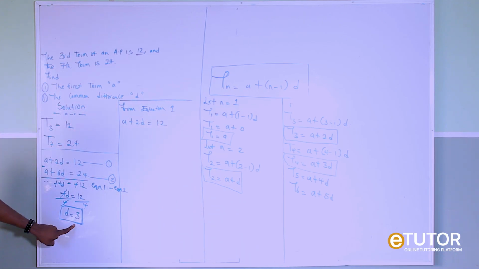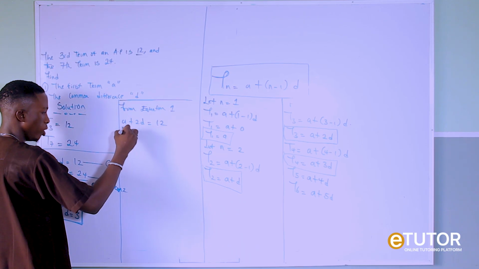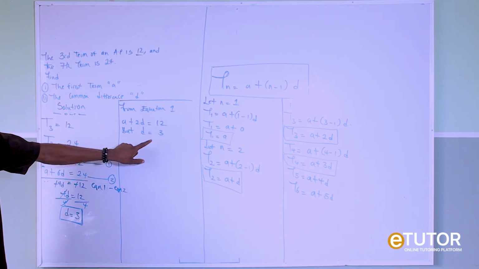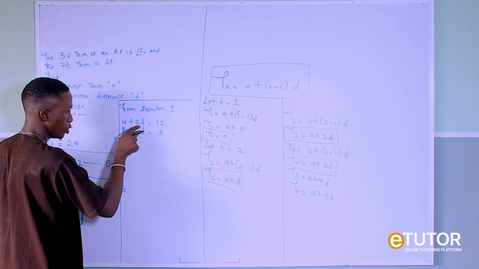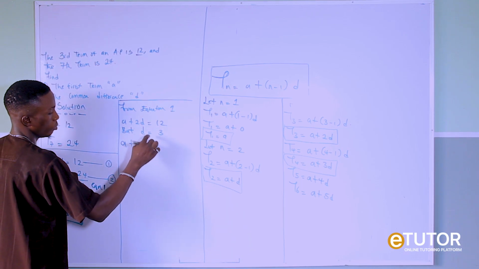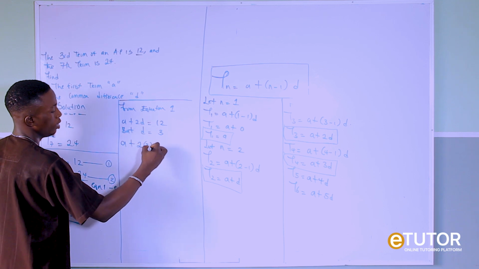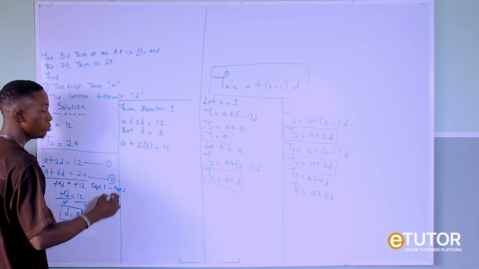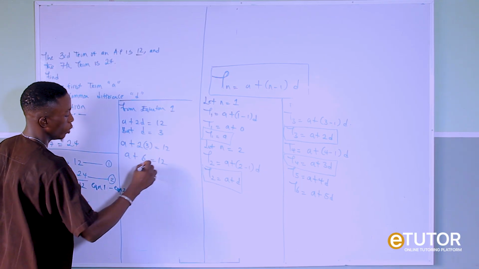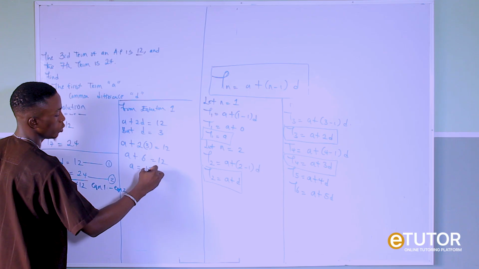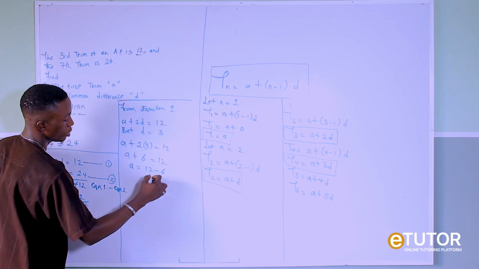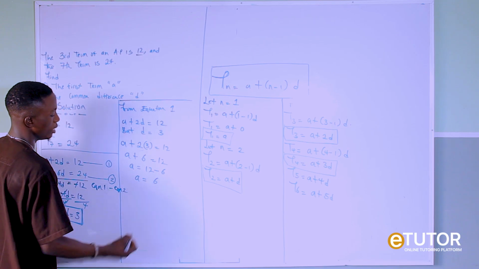Now d is equal to 3, so you substitute the value of d into here. We have a plus 2 times 3 equals 12. So a plus 6 equals 12, and my a equals 12 minus 6. So a equals 6.